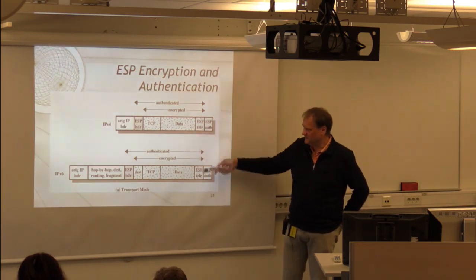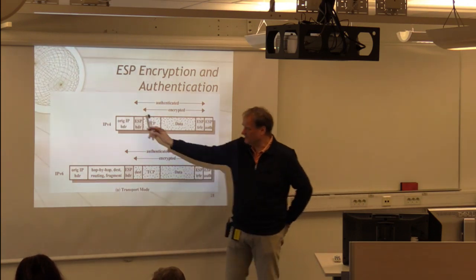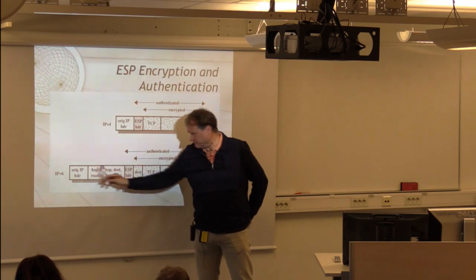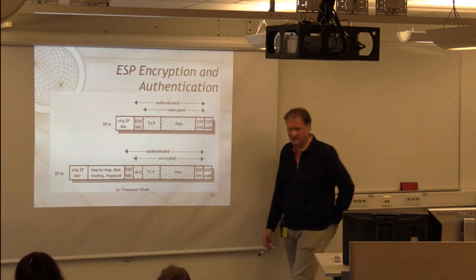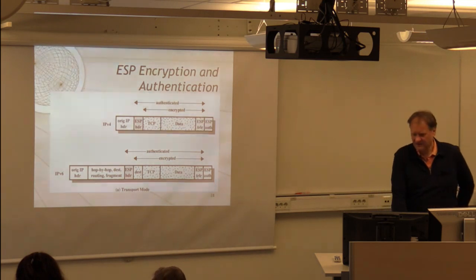In both these examples, we see that authentication does not extend the outer header, or some of the extension headers for IP version 6. So that's the difference between the ESP authentication and the AH authentication.